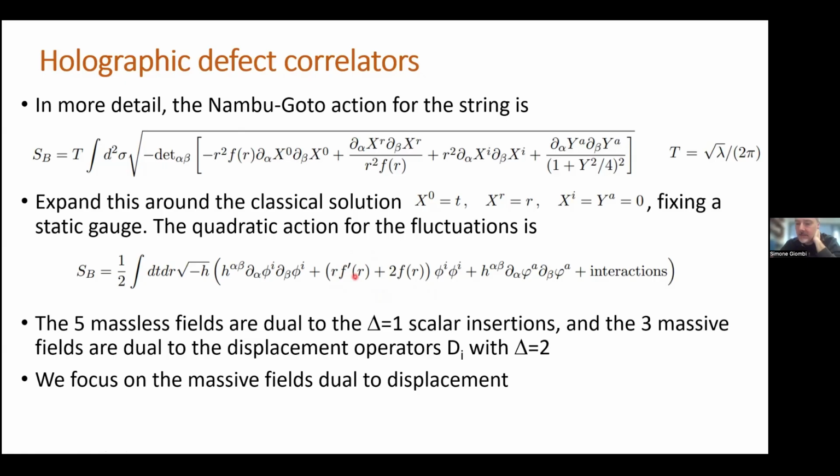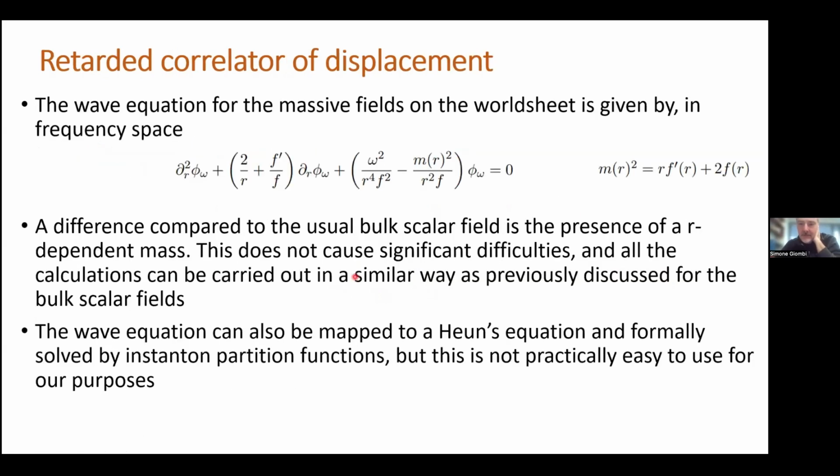But that does not cause any qualitatively big difference in the analysis of the wave equations. It still falls within the same class of differential equations. In particular, you still get a Heun equation. Okay, so that's what the equation looks like. I already said the radius dependent mass.